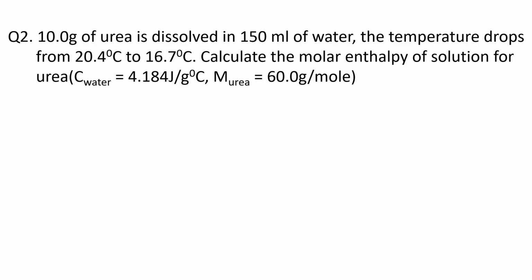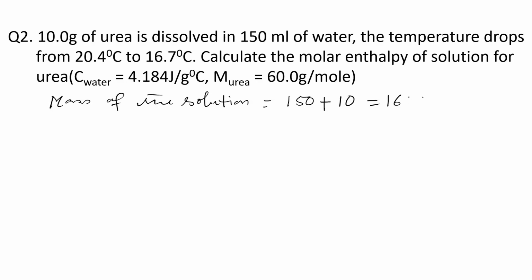This is the problem. Now, look at here. How to solve this one? See, what is the mass of the solution? See, mass of the solution, that is equal to 150 milliliter water means 150 gram, because water density you know 1 gram per cc, plus 10, that is urea, that is 160 gram. Right?